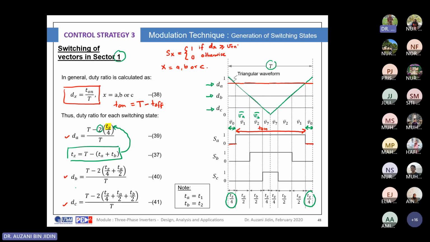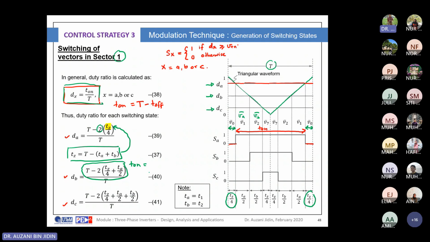How to calculate for dB? So we still apply the general definition here, where the duty ratio is the ratio between on time divided by switching period. Okay, now T on. So this is the T on, right?